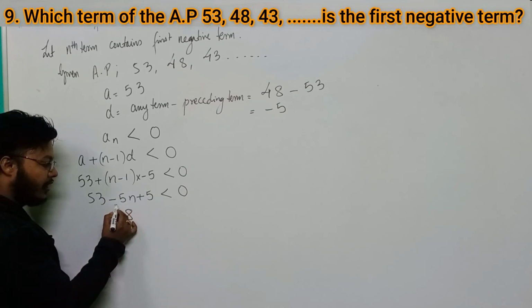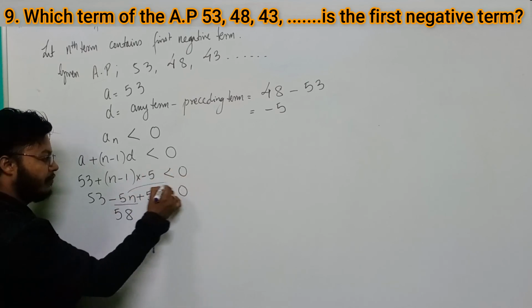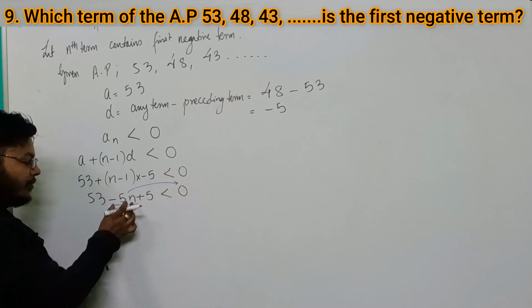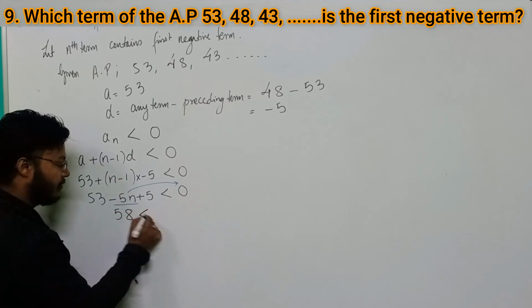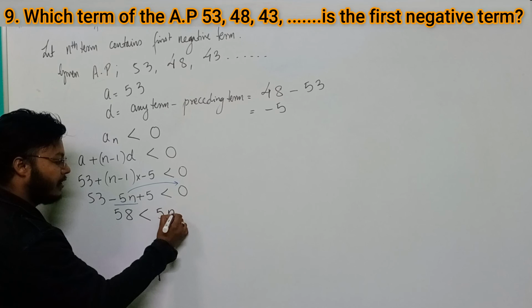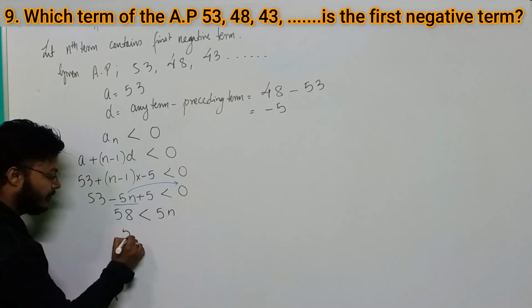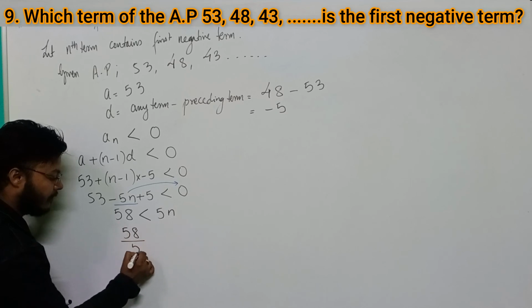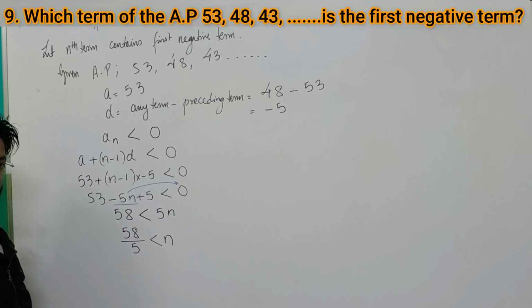So you can see we have 58 minus 5n less than 0. This minus 5n, if I take to the other side, it will be positive. So it's better to make it positive. So it will be 58 less than 5n. Now 5 will come down, so it will be 58 divided by 5 less than n. Now how much is it in mixed fraction?